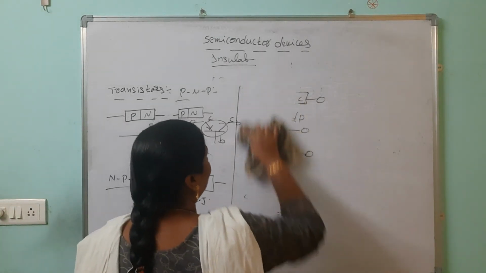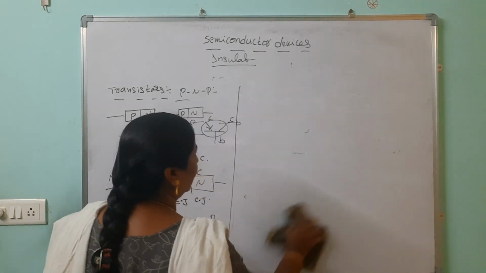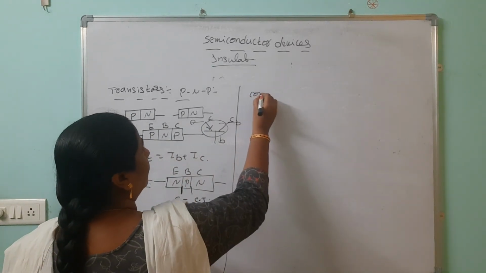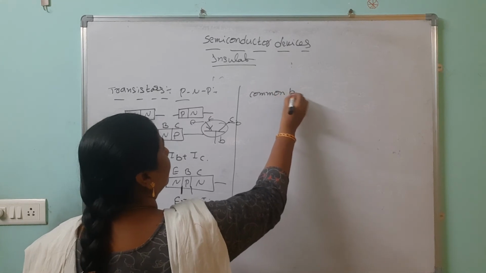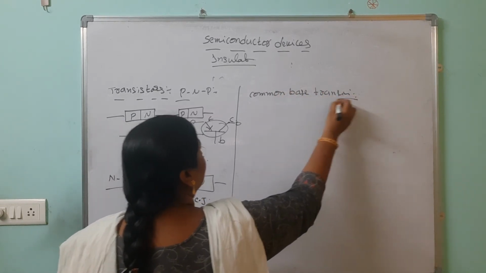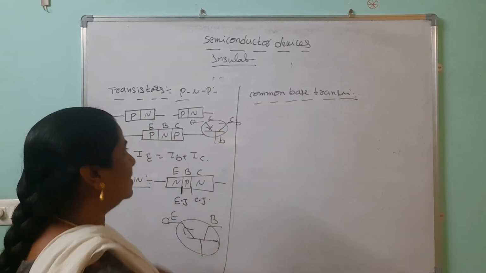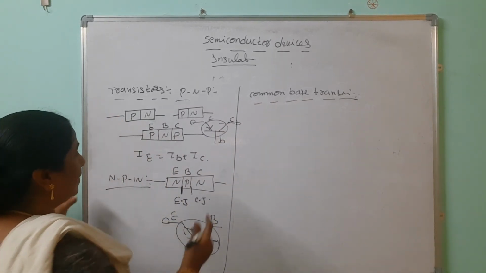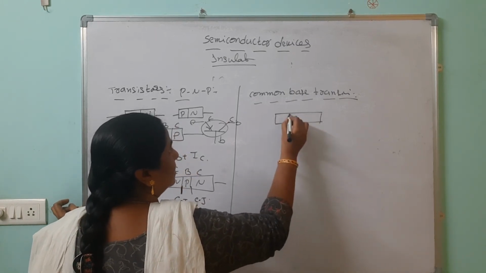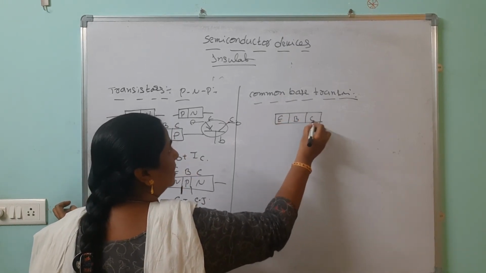But in the case of common base, suppose we are taking a common base transistor. So the base is common. You can take it here like this. This is the base, this is the emitter, and this is the collector.